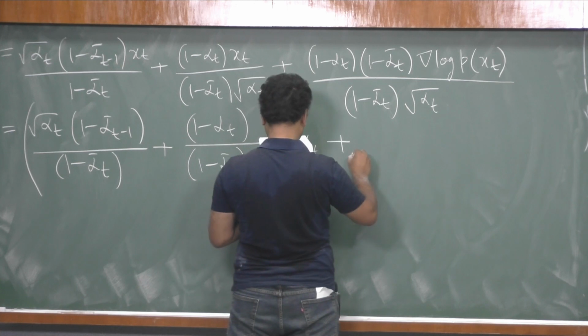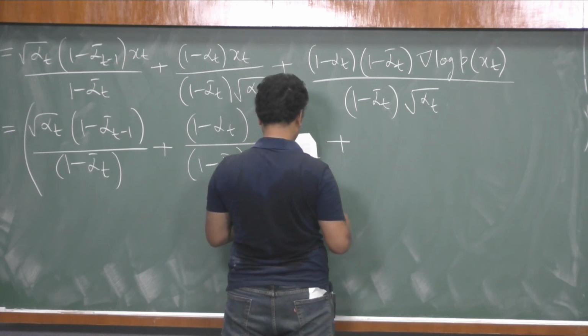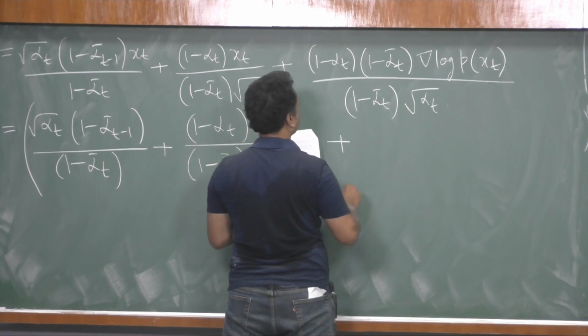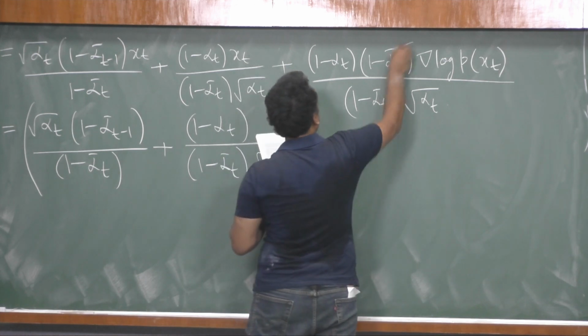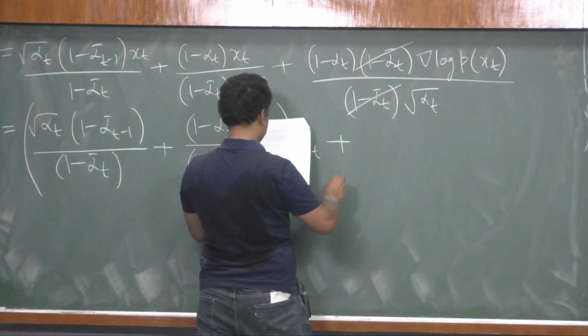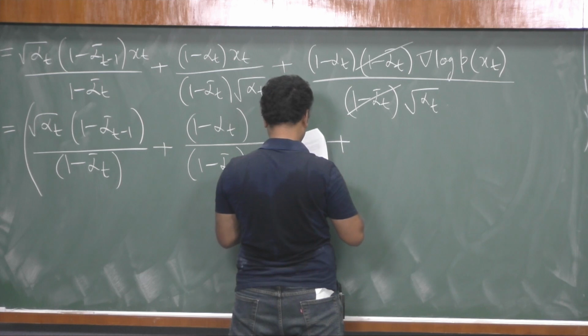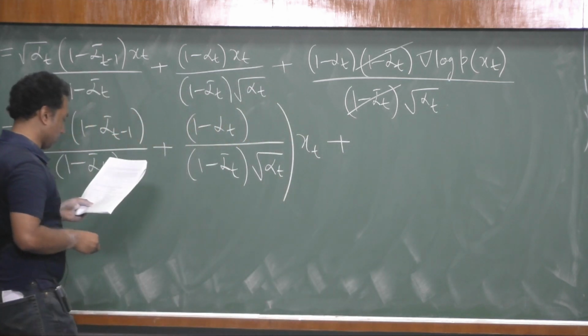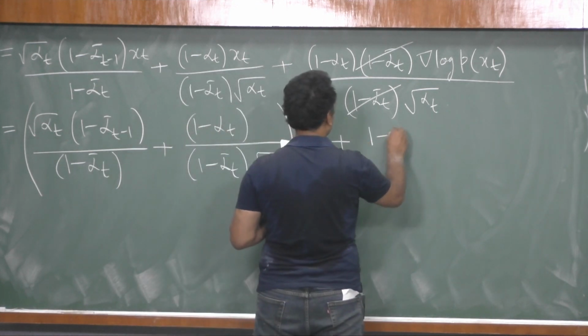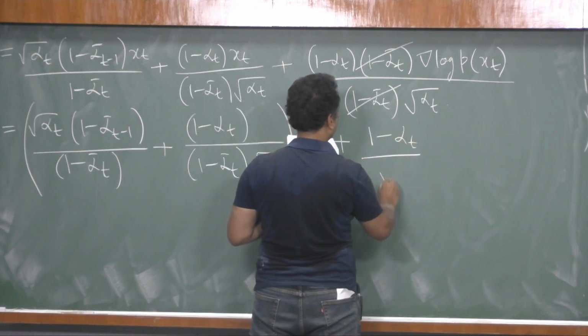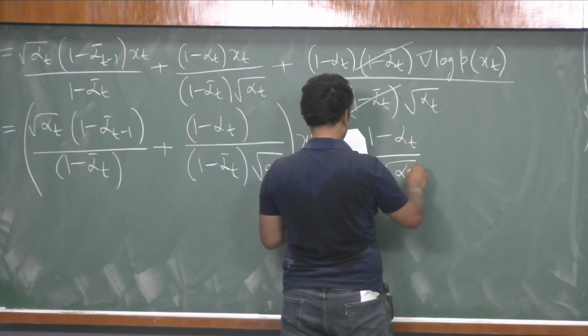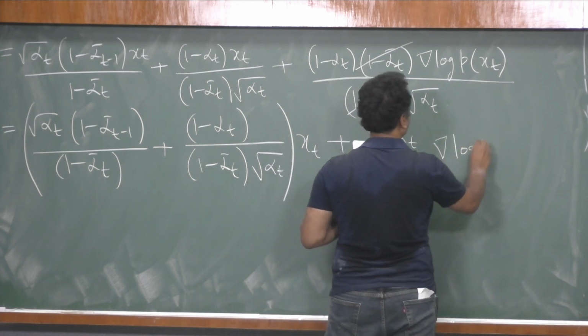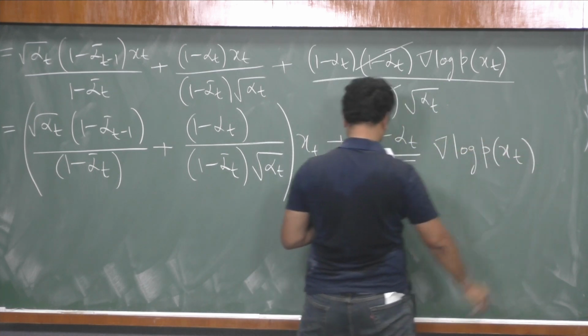And the second term remains as it is, where 1 minus alpha bar t gets cancelled. So the 1 minus alpha bar t here gets cancelled. So eventually this becomes 1 minus alpha t exactly. So it's 1 minus alpha t by square root of alpha t and then grad log p(xt).